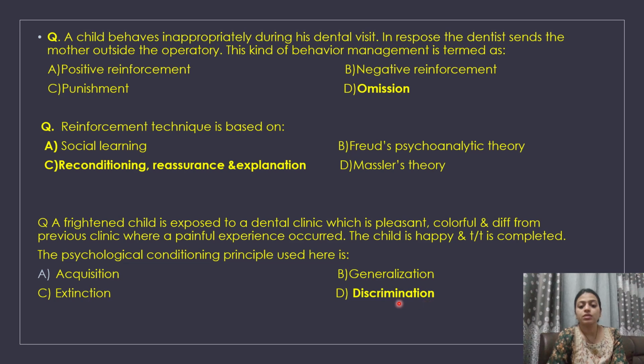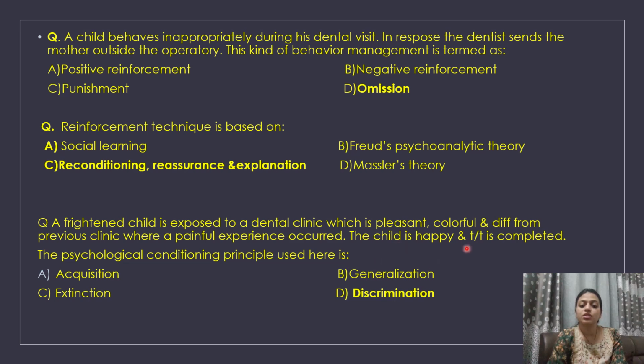The principle used is discrimination. The child can discriminate between the two clinics, the previous one where the unpleasant experience occurred and the current clinic which is quite pleasant, child friendly, colorful. So the answer is discrimination.